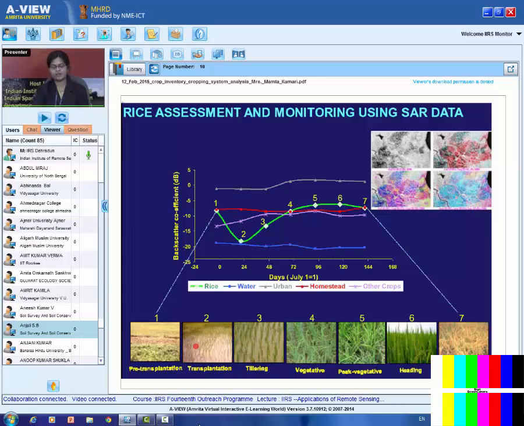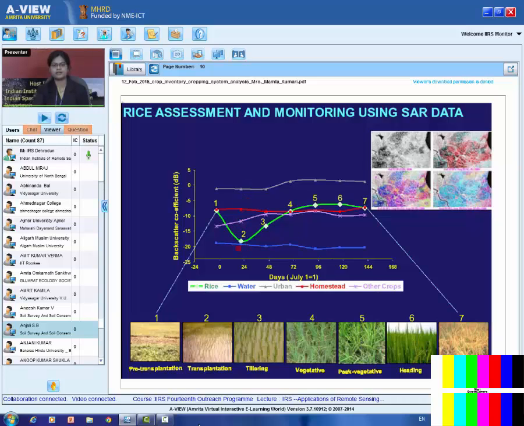Specular reflectance goes away from the sensor, SAR sensor. So it gives the very dark appearance or very low sigma naught value. That's why in the crop growth profile, during the transplanting phase, we get the sudden reduction in the sigma naught value. And this particular feature discriminates it from the other crop.